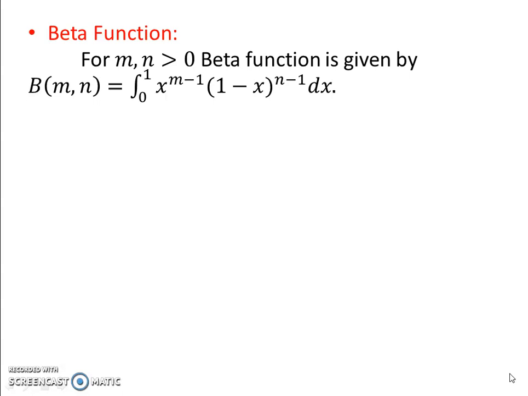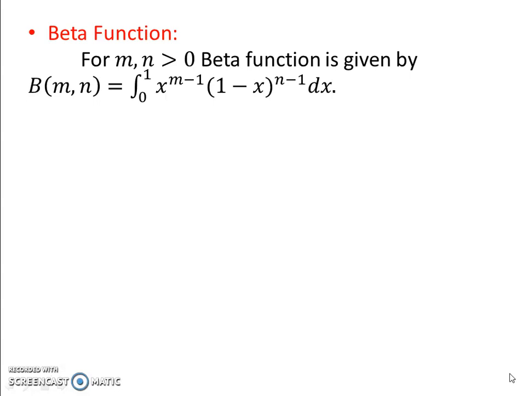If we compare this with the definition of gamma function, the difference is that in gamma function the limits were 0 to infinity, whereas here the limits are 0 to 1.